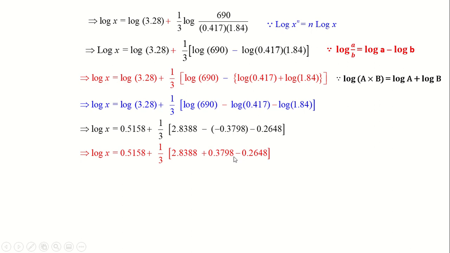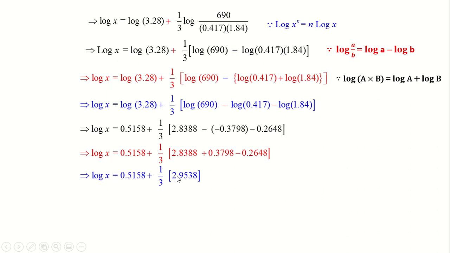And simplifying these three numbers, we get the next step as log of x is equal to 0.5158, which is log of this number. Log of 3.28 is 0.5158, and it is written as in the previous steps, plus 1 by 3 into simplified form of this number is 2.9538.